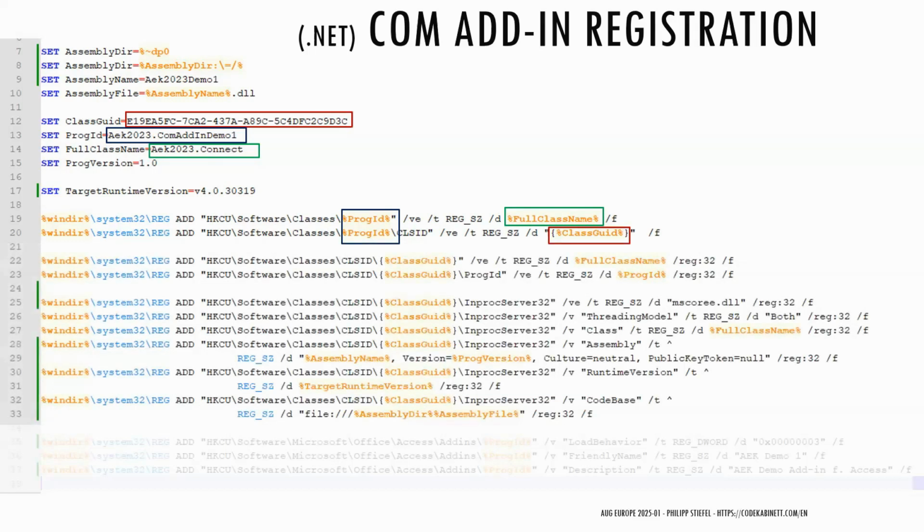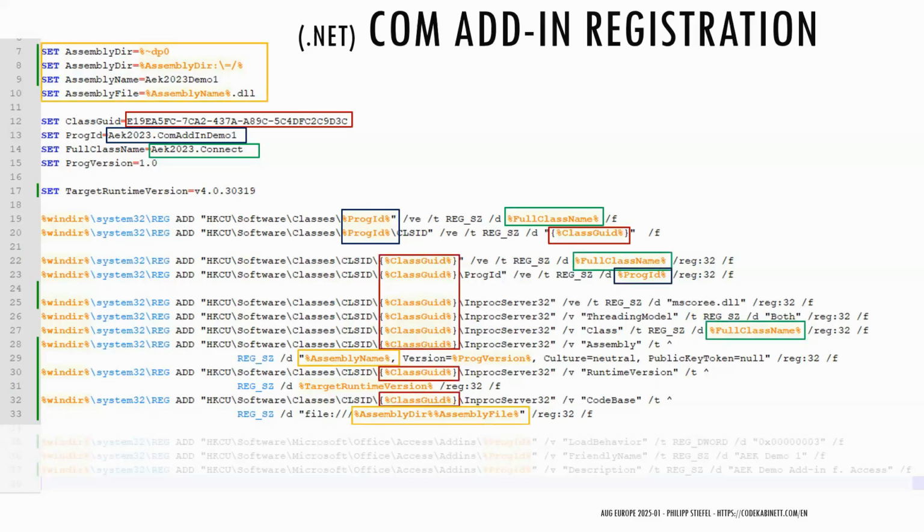So here is basically all that is needed to register a .NET COM add-in. With a different programming language, you would need only about one third to half of these settings, because many of these here are for the .NET compatibility, basically, like the assembly name, assembly files.